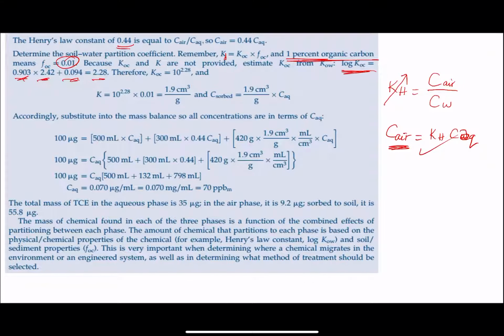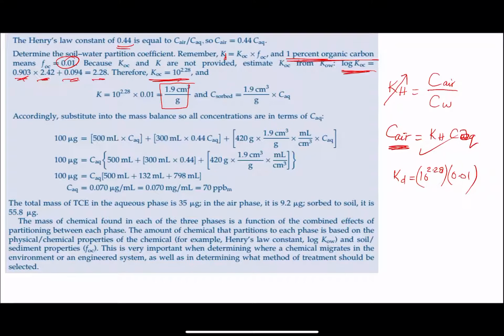You'll get 2.28, which means that KOC is 10 to the power 2.28. From this, you have KOC, you could find out KD. KD is equal to what? 10 to the power 2.28 times FOC, which is 0.01, 1%. This is 1.9 centimeter cube per gram.